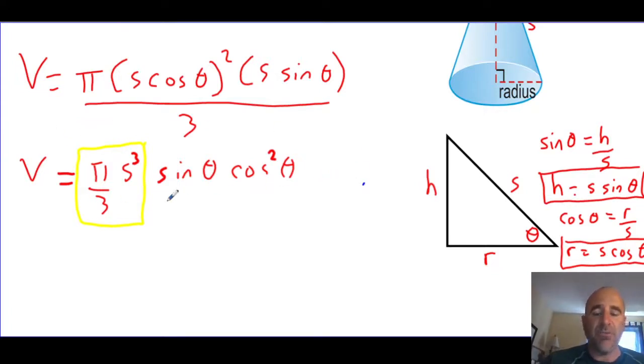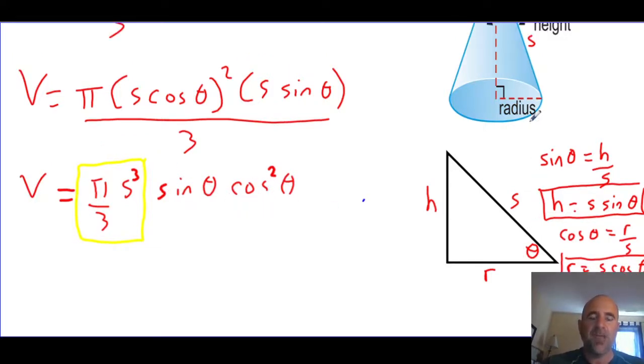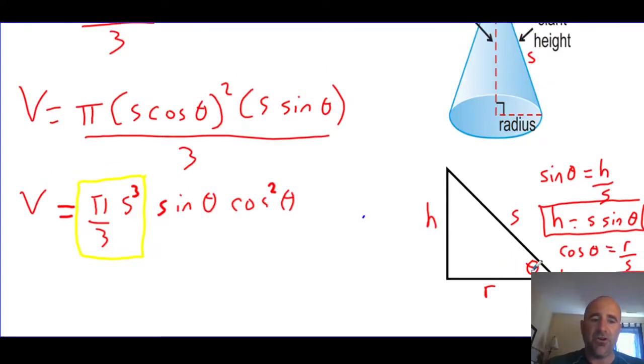So we're going to maximize this function, and we want the optimal or maximum value for V. Now you could start thinking about whether there is an interval that this function exists on. And there is. You could argue that theta could be 0. If theta is equal to 0, then the height is equal to 0 and the cone has a volume of 0. So that's not an optimal value. You could argue that theta, the slant, could get as big as pi over 2, 90 degrees. Then the radius becomes 0.